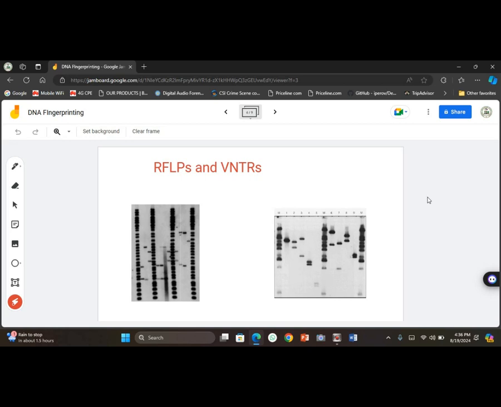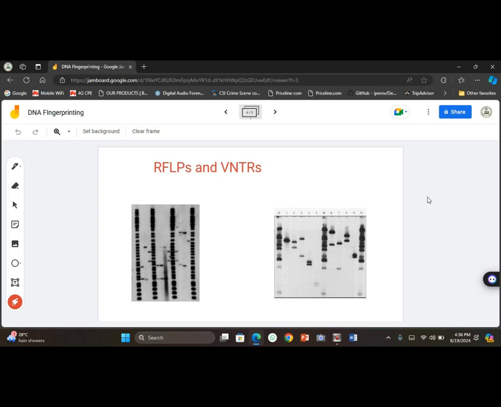The DNA is cut using restriction enzymes, which cut the DNA strand at specific places. Restriction enzymes are usually isolated from bacteria that use them to degrade foreign DNA like viral DNA.